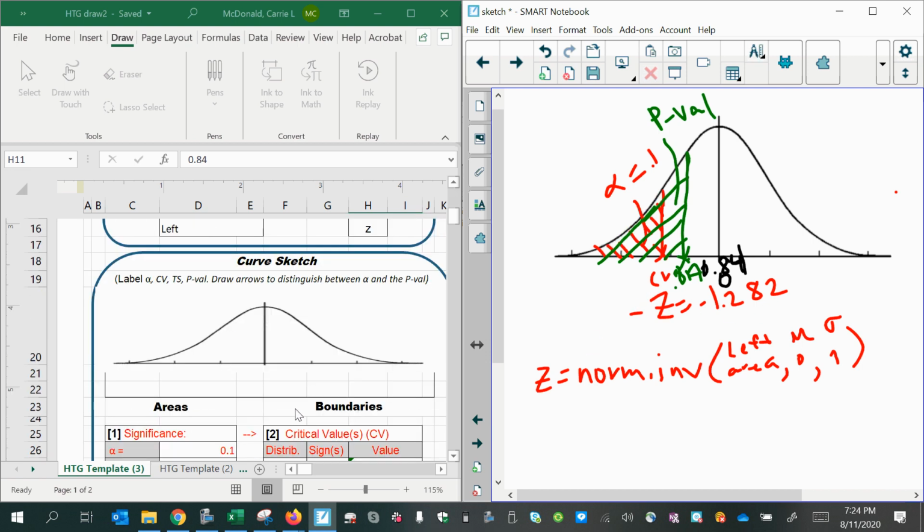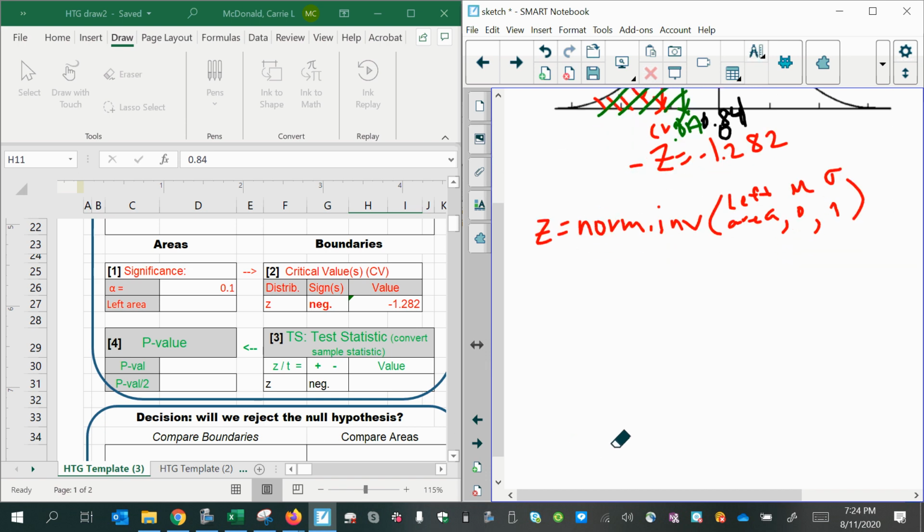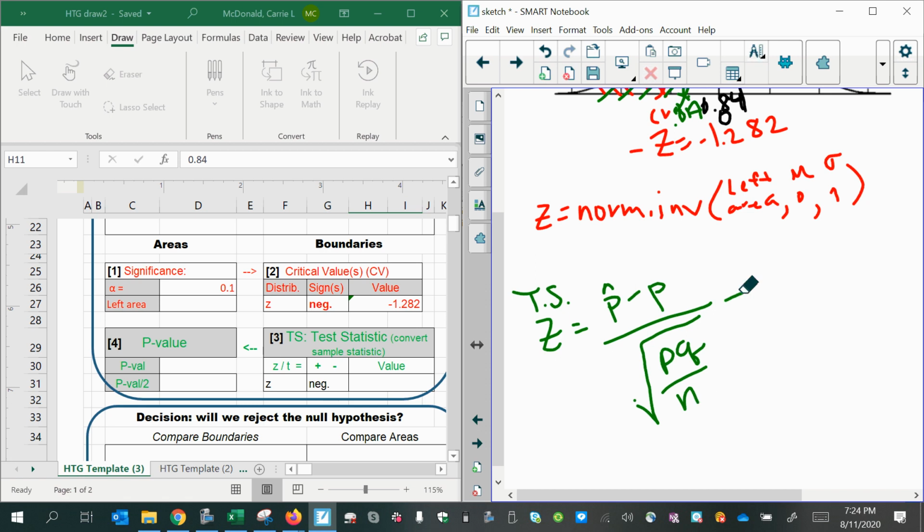All right, so we'll do the z-score formula for proportions from our formula sheet, and that is z test statistic z equals sample statistic minus claimed or hypothesized proportion value and divided by the standard error, square root of PQ over N. Now, P is the claimed value and Q is 1 minus that.